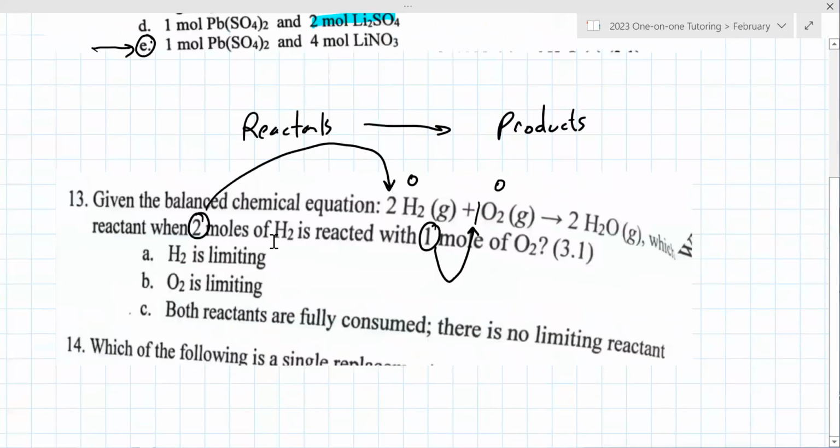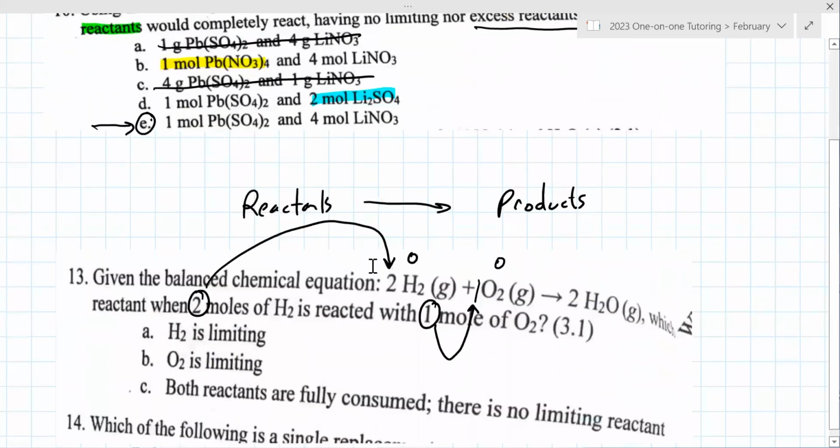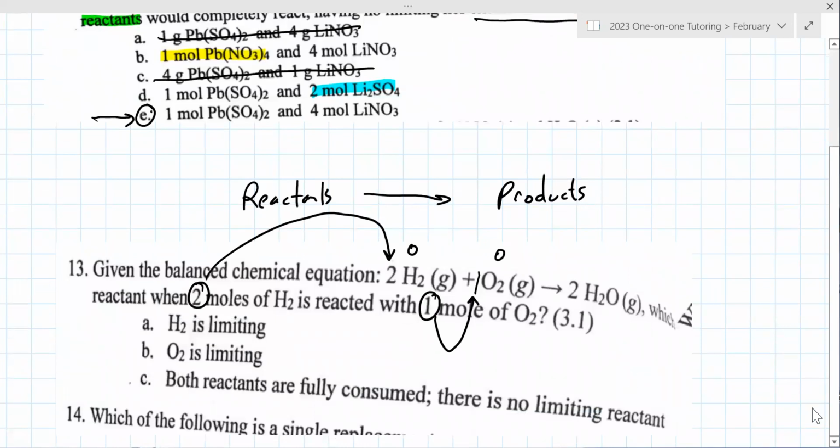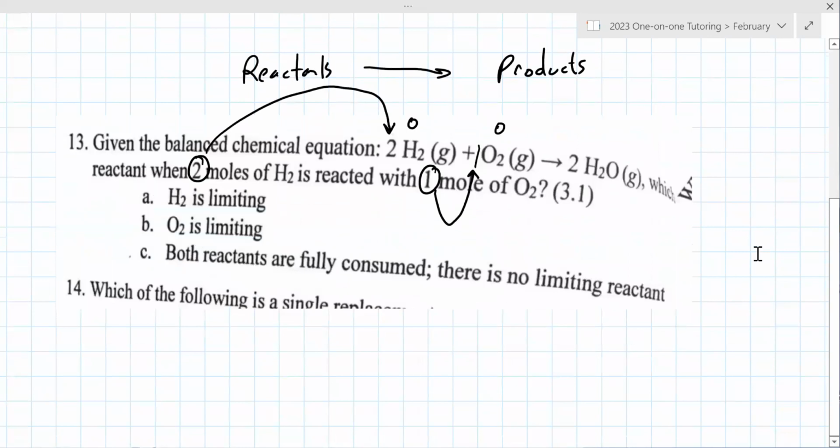And just like in the previous problem, the 1 and the 4 are the numbers in front. That's what's fully consumed when there's no excess. Okay, so 2 moles of H2 react with 1 mole.